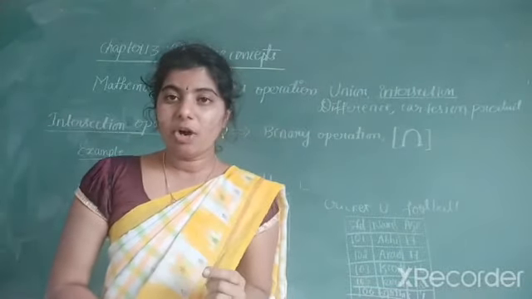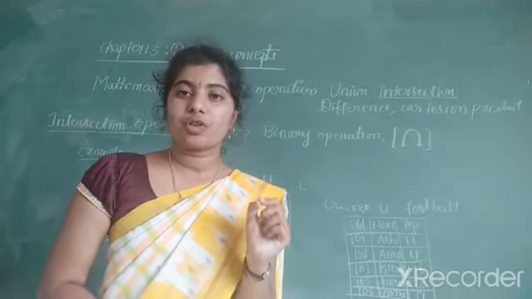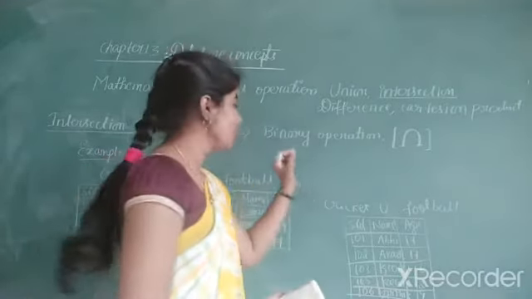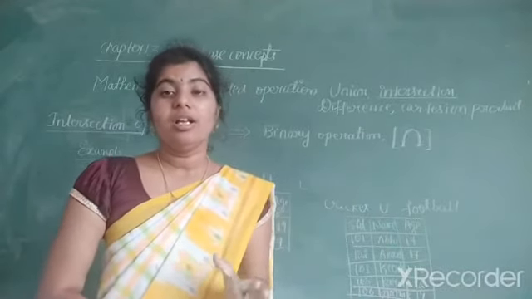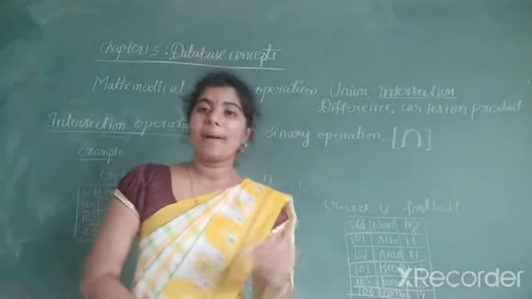So it is a binary operation used for selecting the common tuples present in both the relations R and S. And as usual, we have union compatible rules.